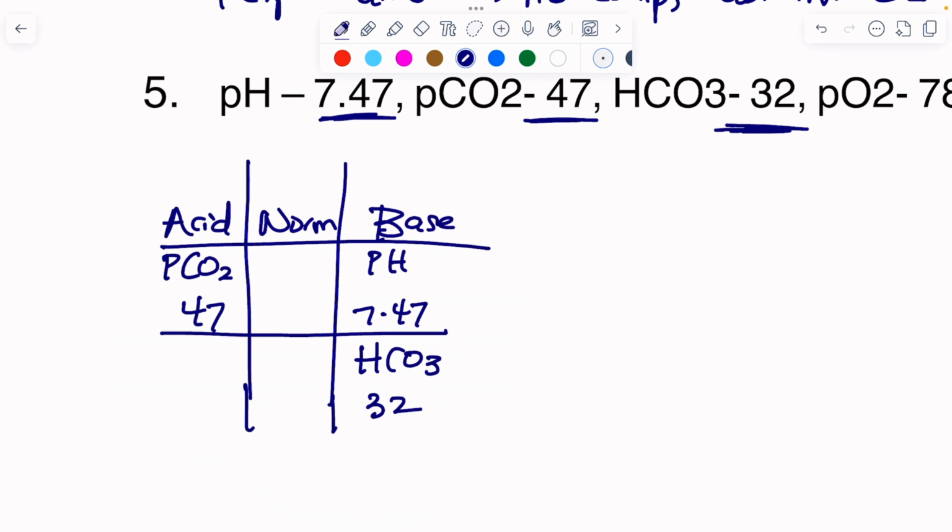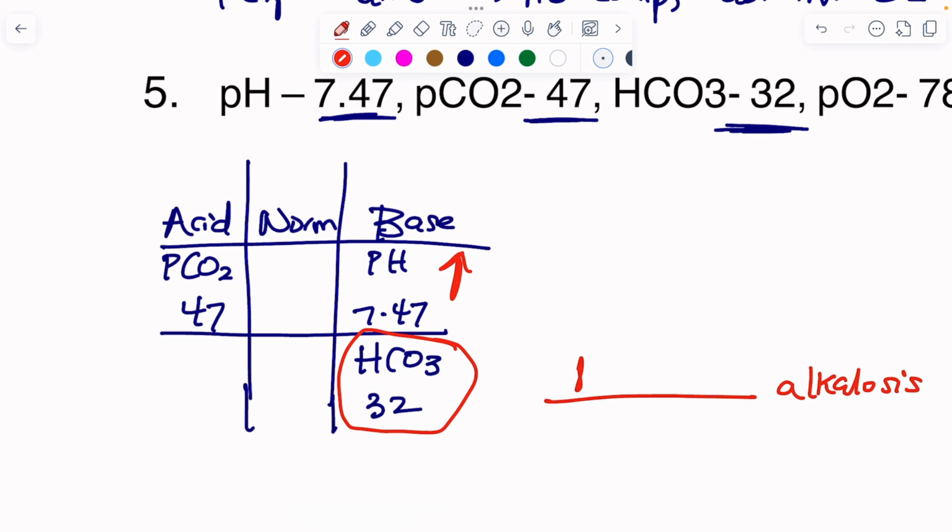Now remember, the pH is on the basic side, meaning it's going to be dash alkalosis. We look at this one to determine what type of alkalosis it is, and that is metabolic alkalosis. Is there compensation? Yes, because the PCO2 is on the acidic side.